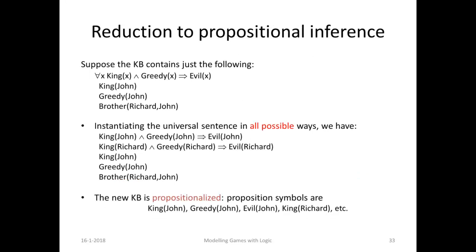So here's an example. If you have your knowledge base in first order logic, which is similar to what we have done, like this universal quantification statement, and you have some instantiated formula, you know that our domain has John and Richard, and you just have to apply all the elements in your knowledge base and the ground terms and apply them to your universally quantified formula. So in this case, this is John. If John is a king and greedy is of John, then John is also evil, and for Richard, the same holds.